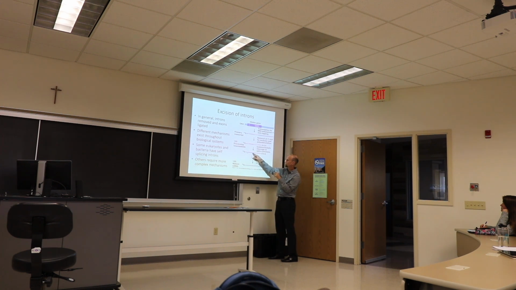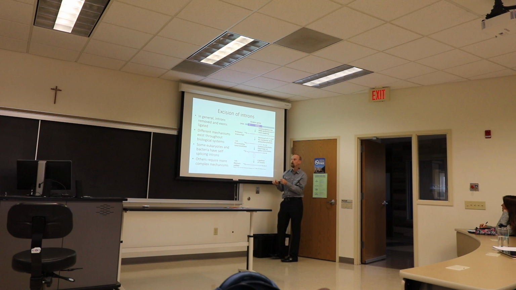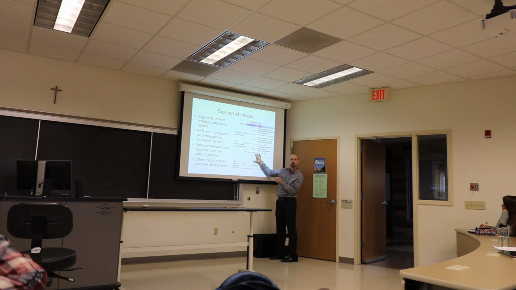It will make what's called a lariat structure, like a lasso. A little lariat structure will literally splice itself out in both scenarios, and then join the exons together. Where do they go? So, where is this happening?